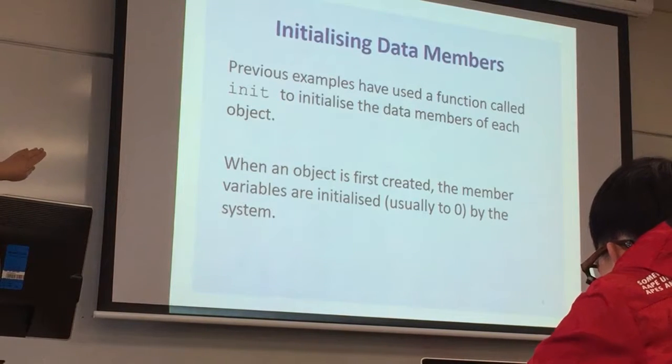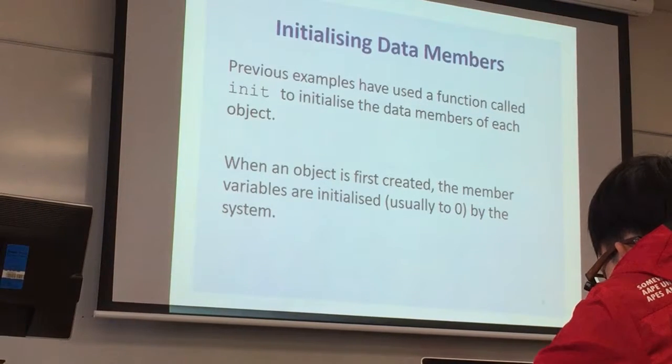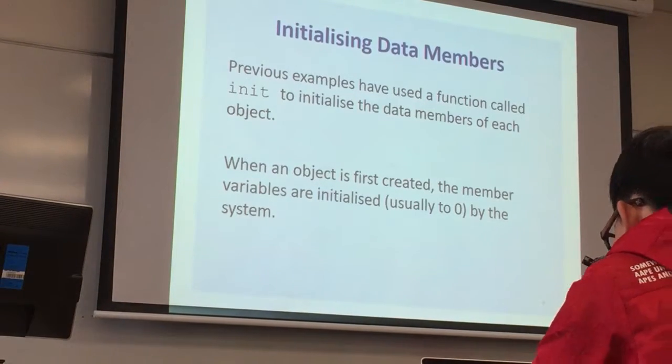Initialization is a very commonly done task. You can't use a variable before it is initialized. If you don't have data, how can you compute area if you don't know what the radius is? No, right?